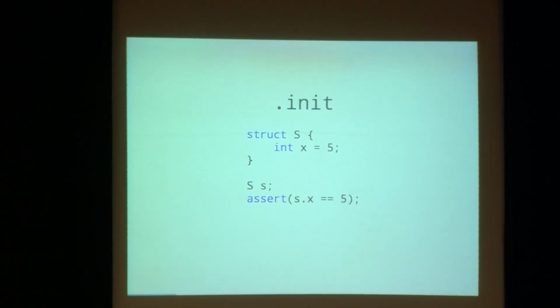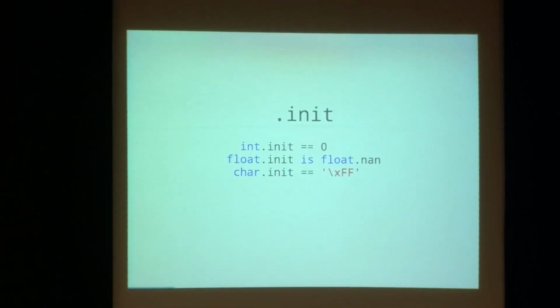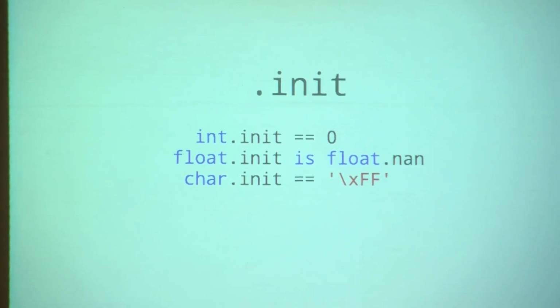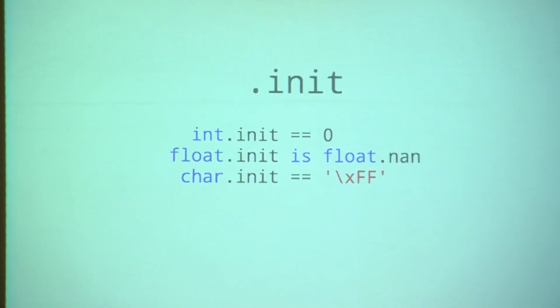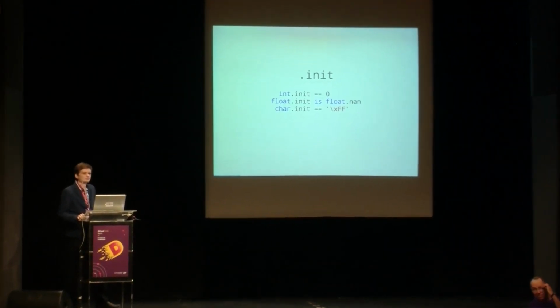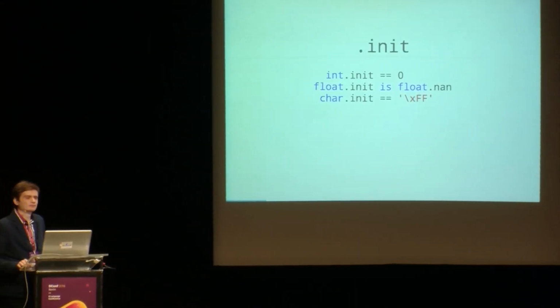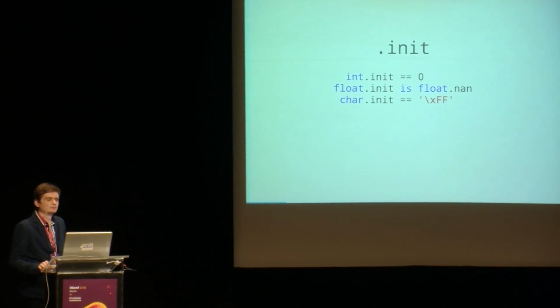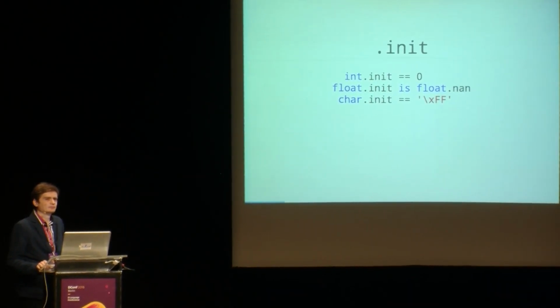Sorry? For the slide before, the initial values, those are acceptable, but for dchar, I think it's a strange value because it is not the last valid Unicode character. So the init value for dchar is 0xFFFF.